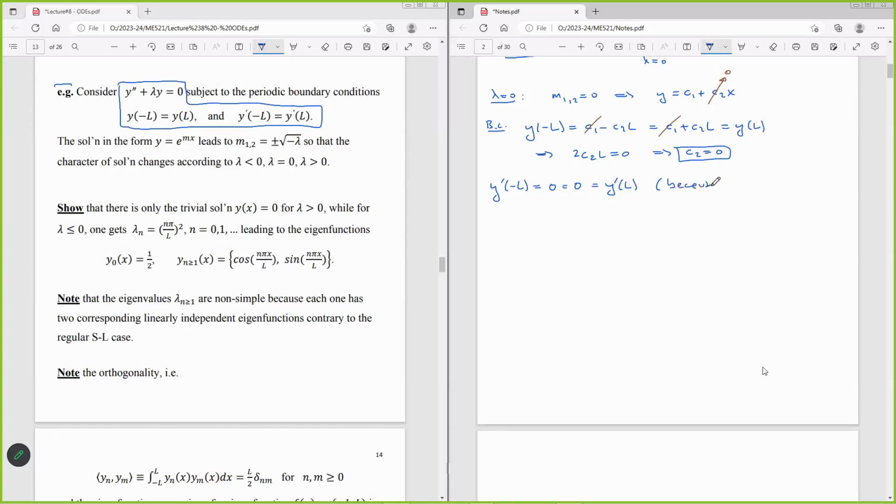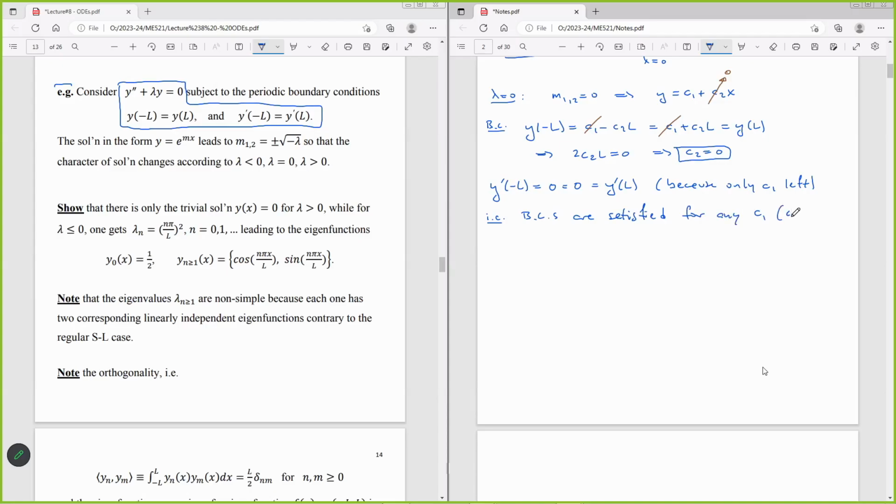Because only C1 is left, it means these boundary conditions are satisfied for any C1.